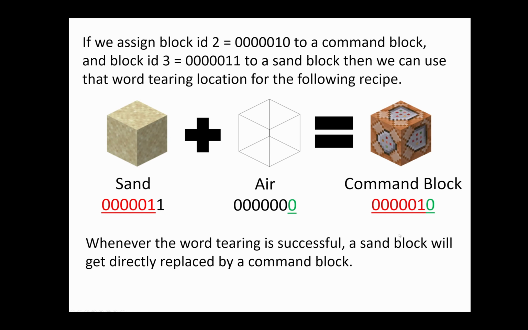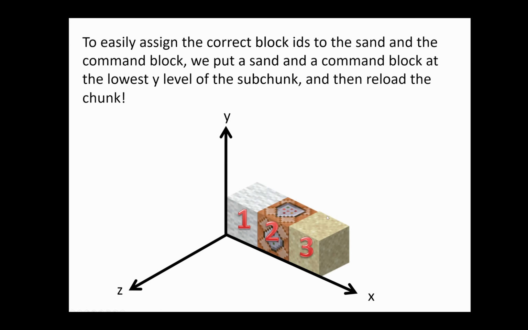We need that the sand block is directly replaced by the command block, which is actually what happens if we do this. And to easily assign the correct block IDs to the sand and the command block, we put a sand and a command block at the lowest Y level of the subchunk and then reload the chunk. That's essentially it. So let's check out the palette we have in our generic method chunk in our world.